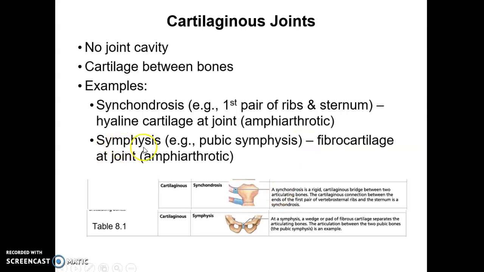And then the symphysis type joint, for example, the pubic symphysis, where there's fibrocartilage between the pubic bones. And a little bit of movement, so it is an amphiarthrotic joint, just the way the synchondrosis joint is having a little bit of movement, also amphiarthrotic.